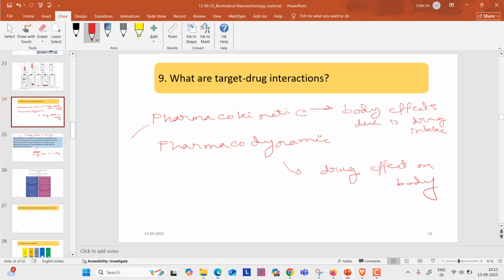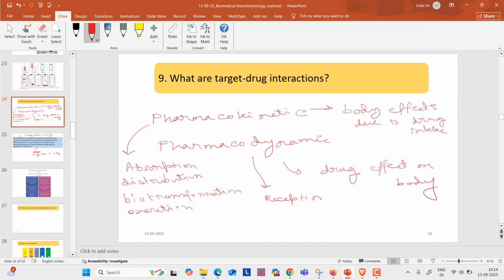Pharmacodynamic interactions depend upon receptor interaction, that is, how the drug will act; what the drug does to the body is pharmacodynamics.